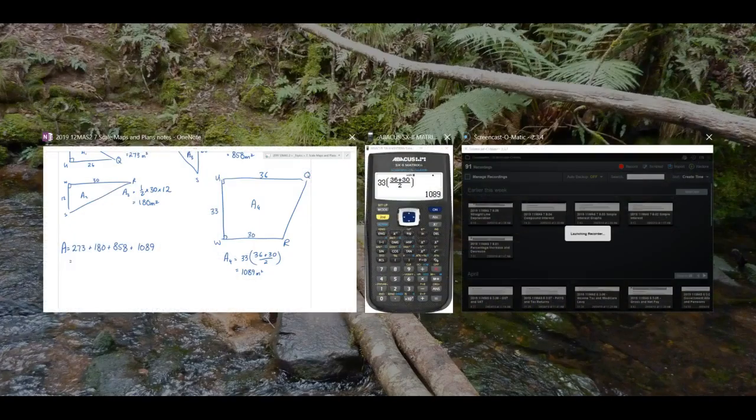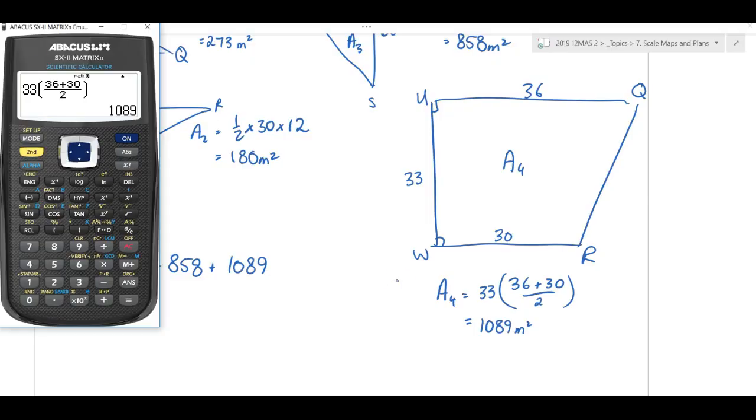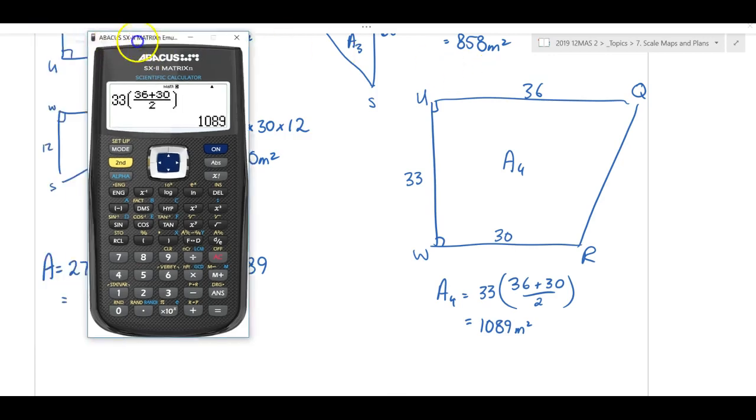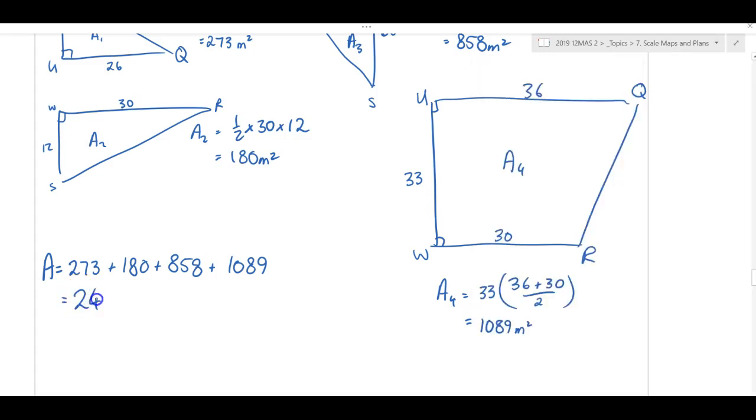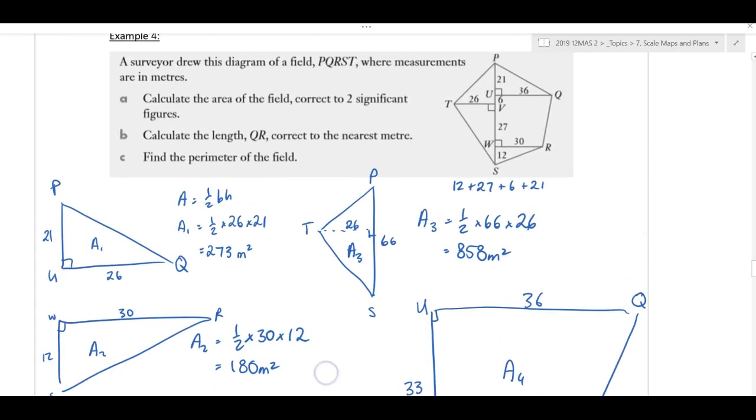I've got my 1,089 plus 858 plus 180 plus 273, and I get 2,400. That's a neat number, isn't it? 2,400 square meters, just under a quarter of a hectare. That was part A. You can see we're already at 7 minutes.